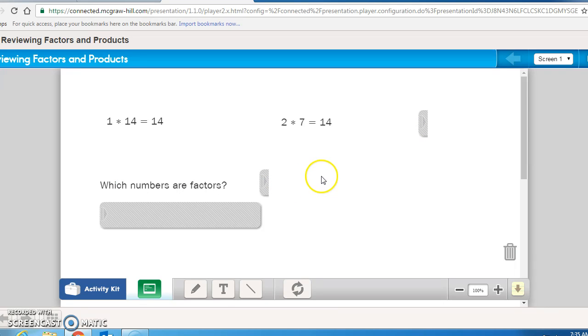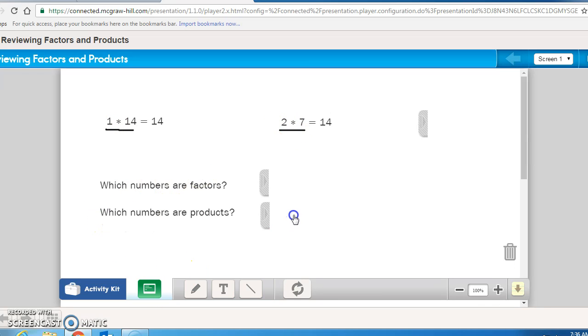So which numbers, for review, are factors? 1 and 14, 2 and 7. Which numbers are products? The answers, 14 and 14.